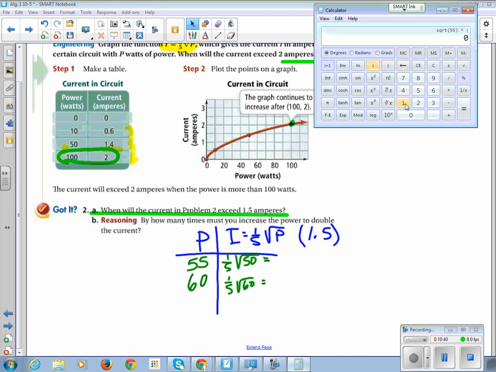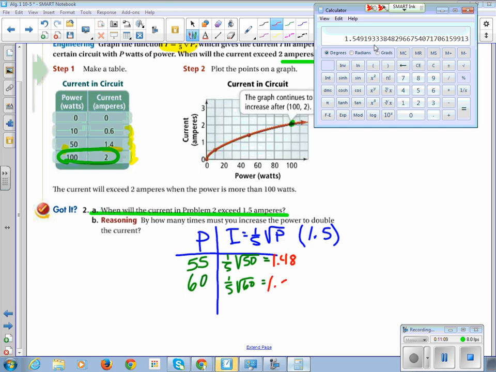Times 1/5 equals 1.48, which does not exceed 1.5 yet. So let's try 60. So the square root of 60 times 1/5, and I get 1.54.